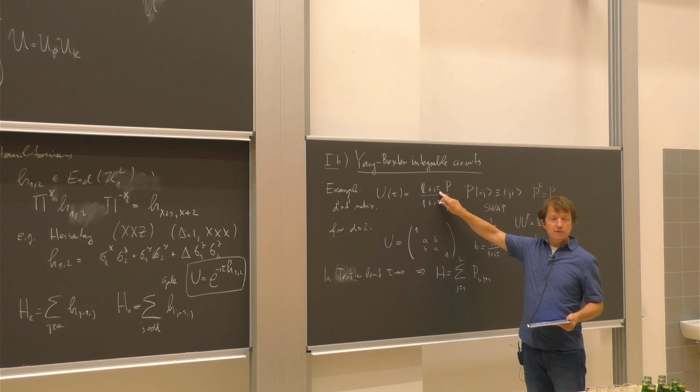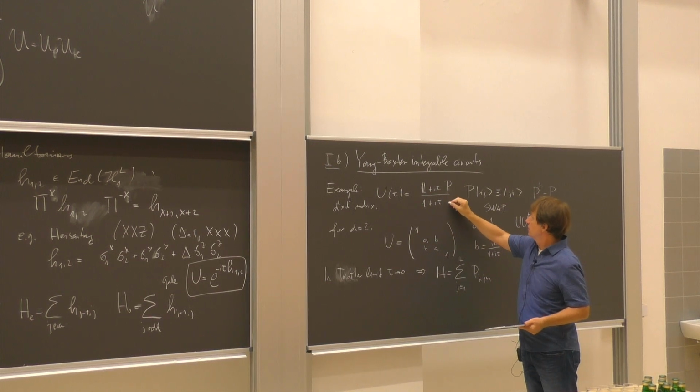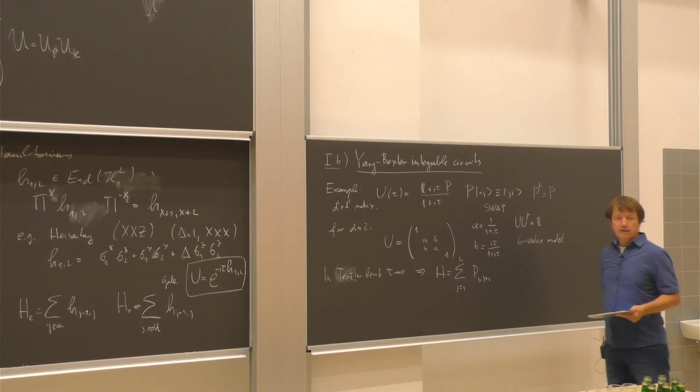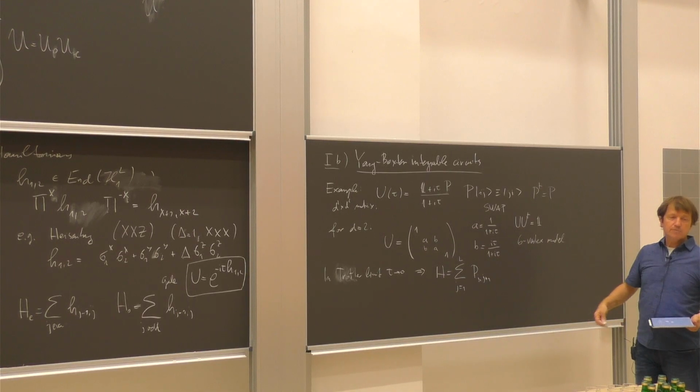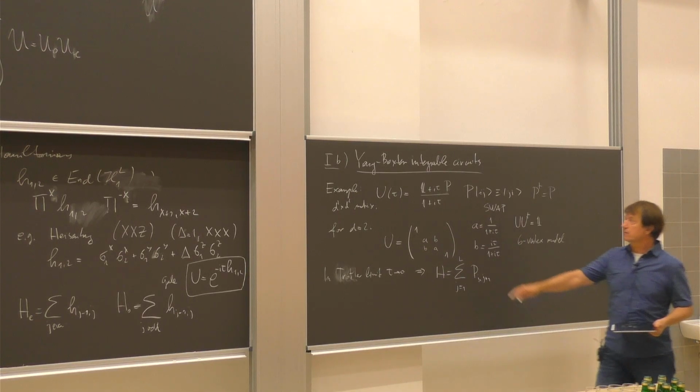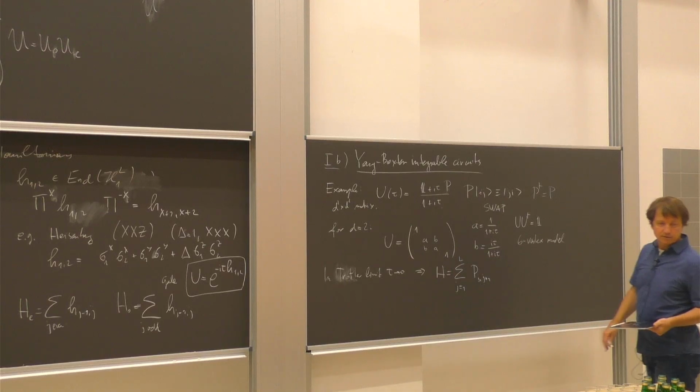For small tau, this can also be seen as the exponential e to the i tau P. It's just another way of writing the exponential: expanding the exponential to first order and correcting for the norm by dividing by something close to 1.